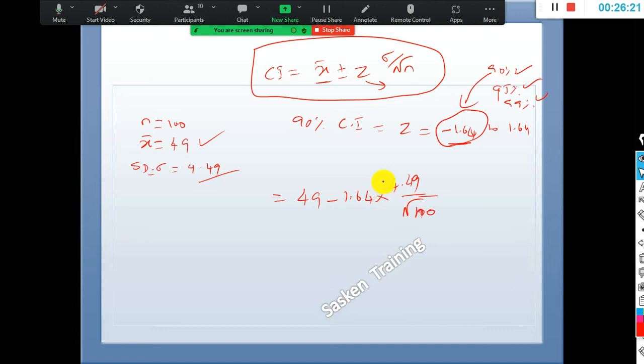So 4.49 divided by 10, and if you work this out, your lower bound is 48.2.